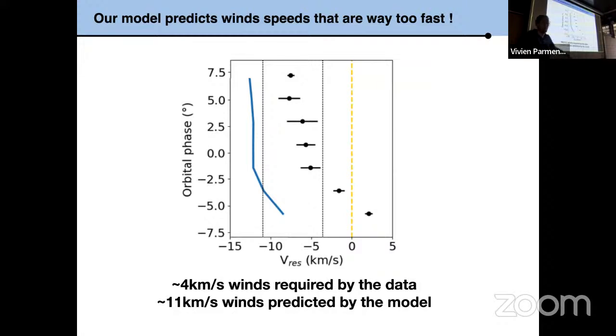Dissipation should happen, and there are multiple ideas about it. One of them is shocks, hydrodynamic instabilities. And the one that's fancy these days is ohmic dissipation, because you get an ionized atmosphere, and you have a magnetic field that's going to drag the atoms, drag the winds.